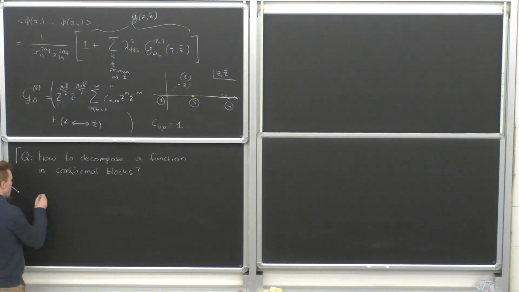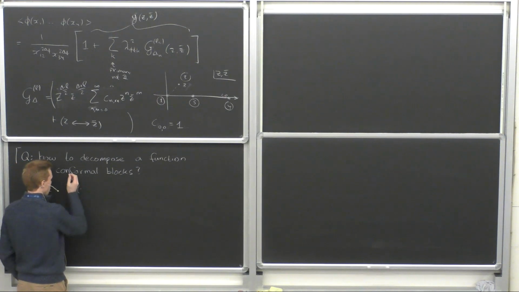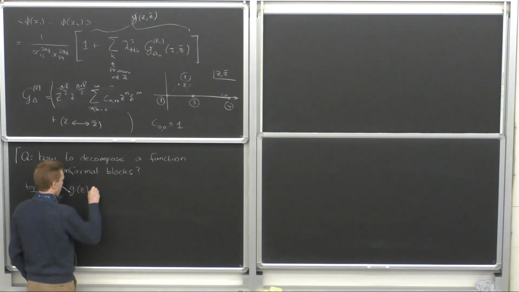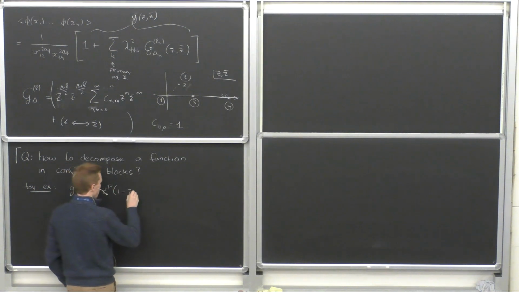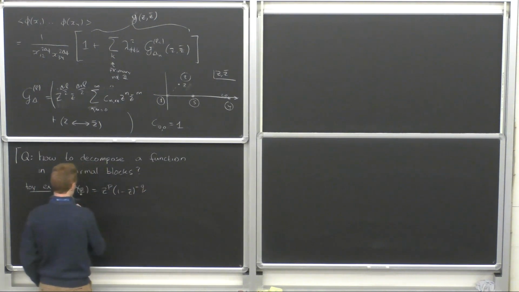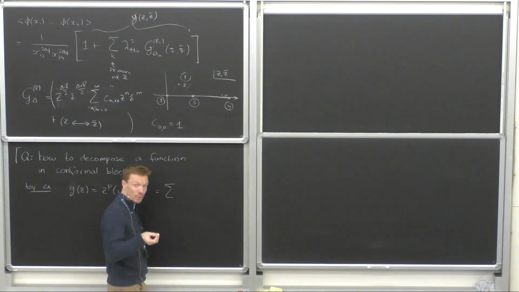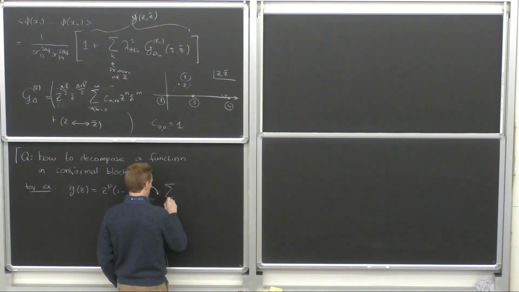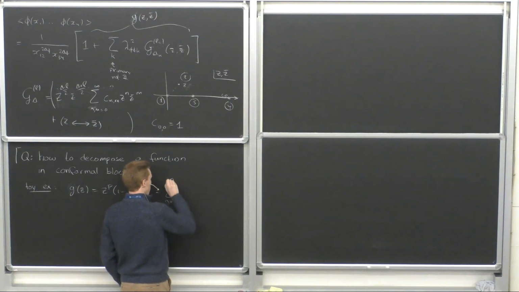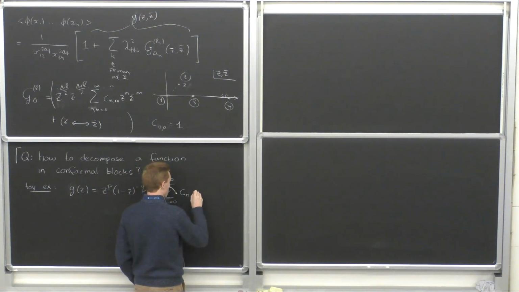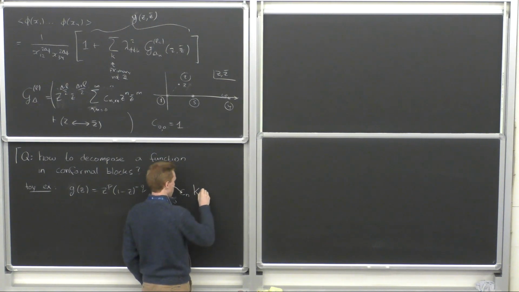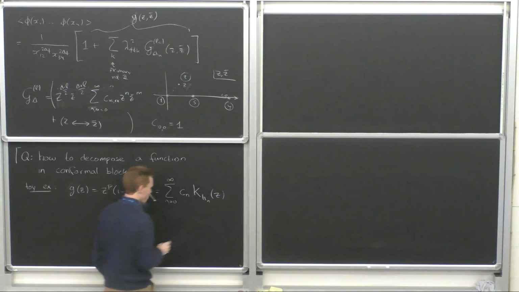So let me do a toy example, a one-dimensional function. Let me say g of z is something like z to the p, 1 minus z to the minus q, for simplicity, and I want to decompose it into these one-dimensional functions that are building blocks for proper higher dimensional blocks. So I'm going to write c n times these k functions, which depend on some number h, which can depend on n, of z.